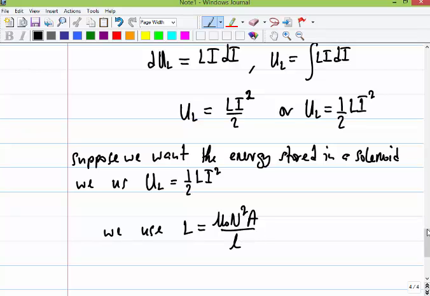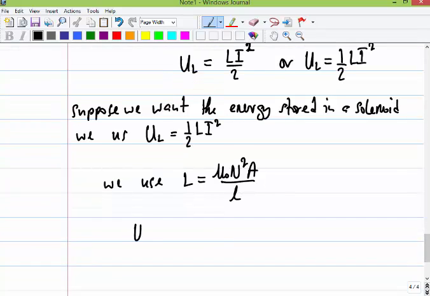So this was what we found for the inductance of a solenoid. So the energy stored in the solenoid, U subscript L, is given by half mu naught n squared A, and I have I squared, and you can put the l here. So this will be the energy stored in the solenoid. We can do a few more things, but I think we can leave it at this point now.